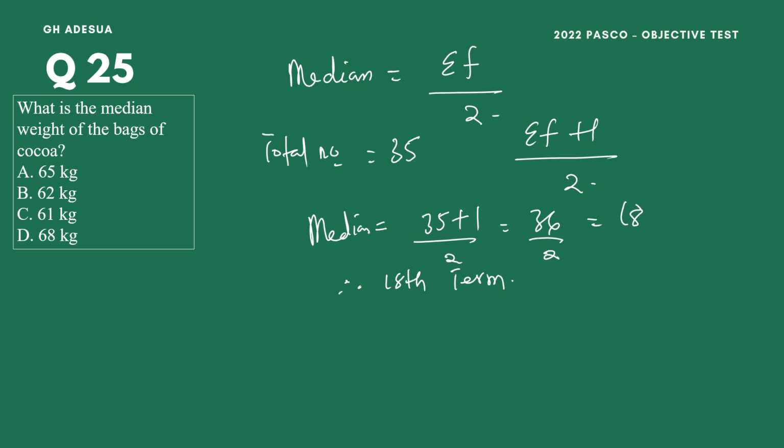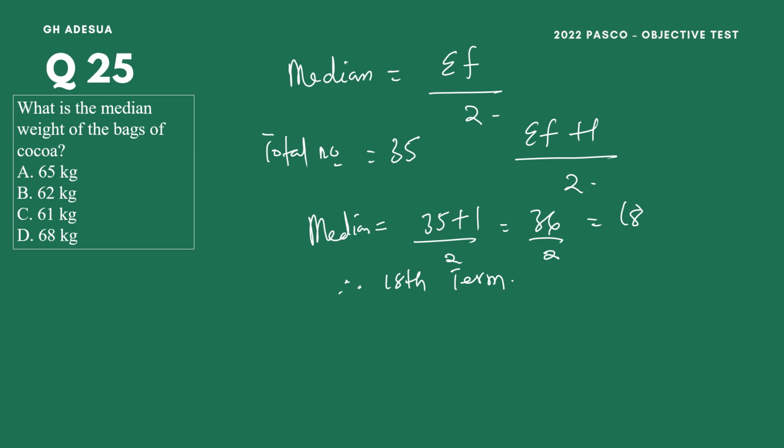You can play back and check the table. When we look through and count from each until we get the 18th number, from the 40s through to the 90 kilogram section, you'd realize that it falls within the 6th stem.